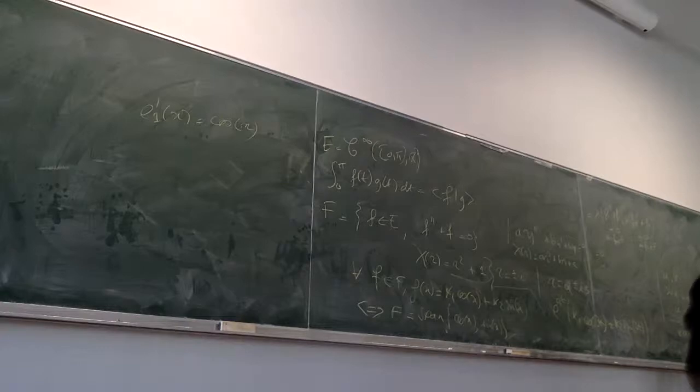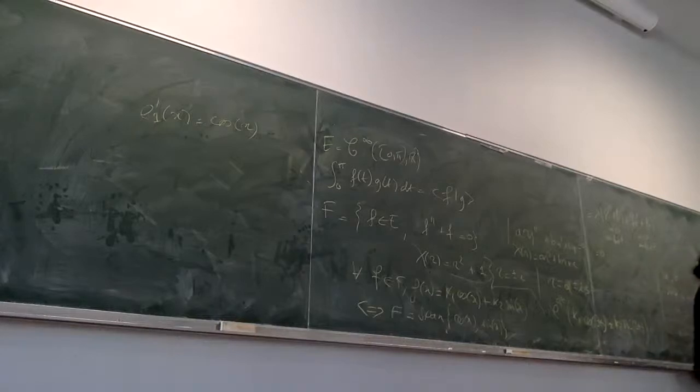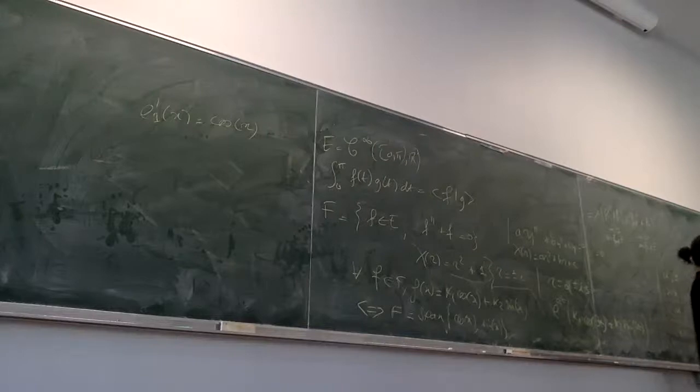Just take the counterexample x equal to 0. You get 1 equal to 0, that's never going to give you any possibility, any constant. If you take pi over 2, you would get 0 equal to k times 1, so maybe k equal to 0 works.